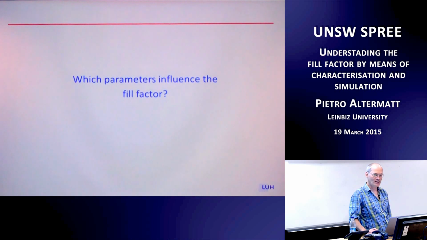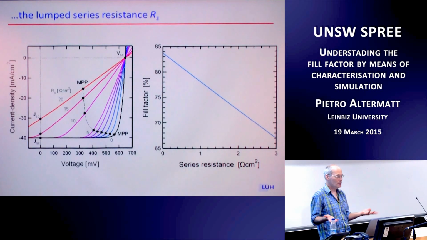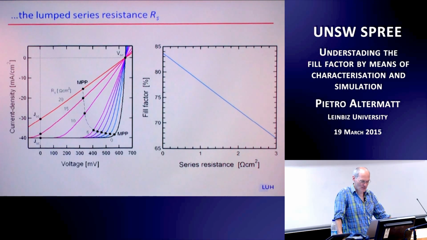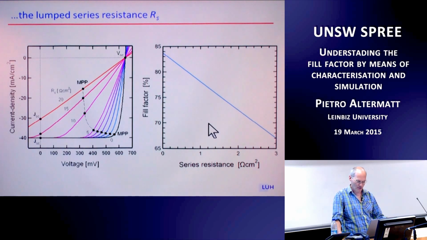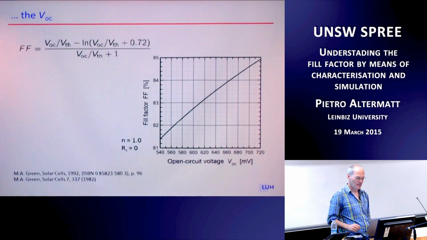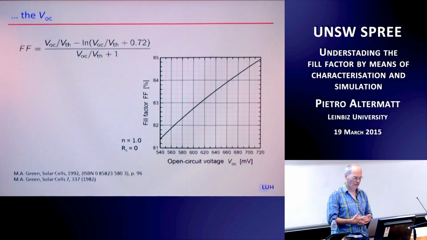What influences it very strongly is, of course, the series resistance. This is what all textbooks say, and this is true. You see that even a small resistance gives a big drop in fill factor. That's well known. What people don't always think of is that the fill factor is quite a strong function of VOC.